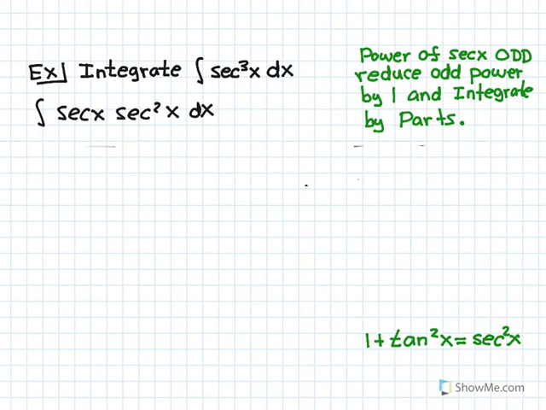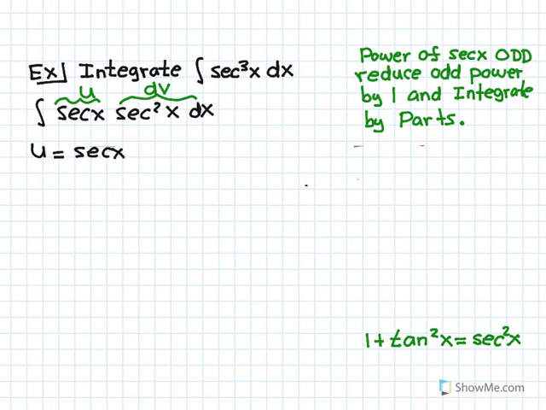So you can clearly see that we're going to let u be secant x because that's easy to differentiate. The derivative of secant x is sec x tan x. And we'll let this part, sec squared x dx, be dv because that's easy to integrate. The integral of secant squared x is tangent x. All right, let's write that down. So we have u is equal to secant x.